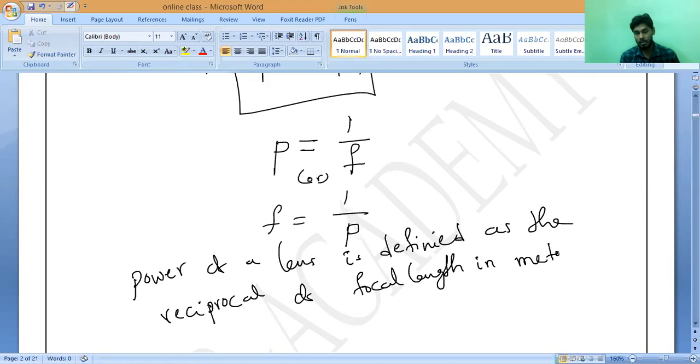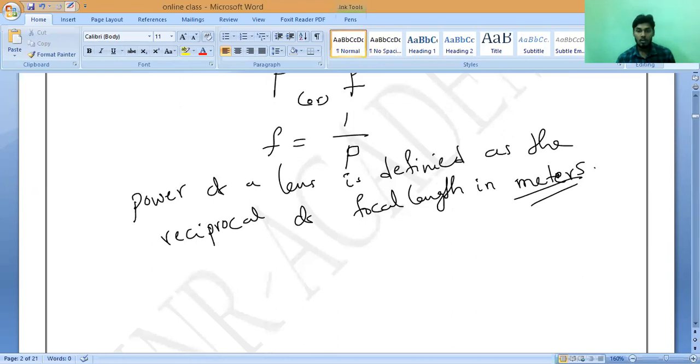All of you should remember. Nobody should make the mistake that while you are calculating power, focal length should always be in meters. Do you understand, everybody? Yes or no? Nobody should make this mistake at any cost.